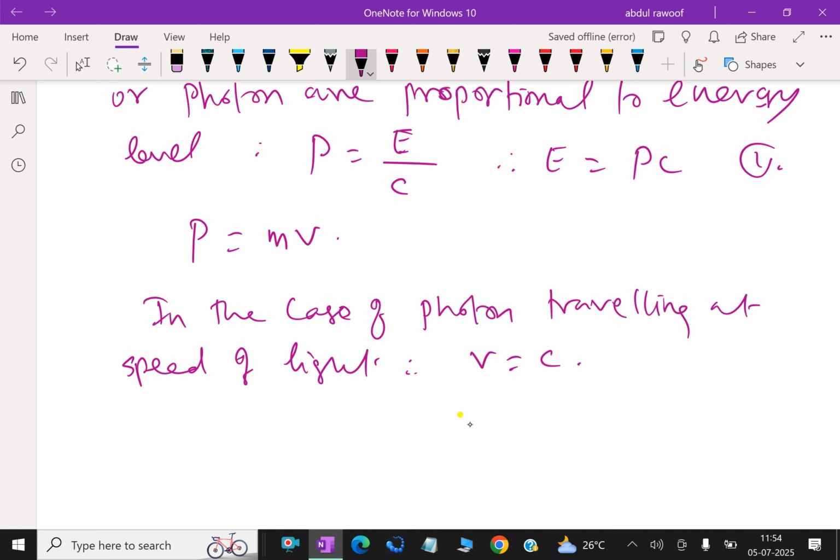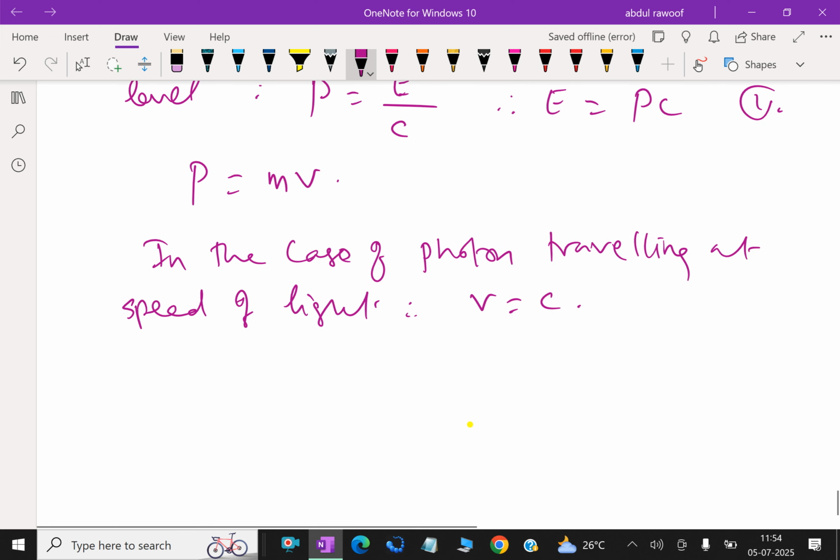Now, therefore, from equation 1, instead of v we use c, so p equals mv becomes p equals mc.